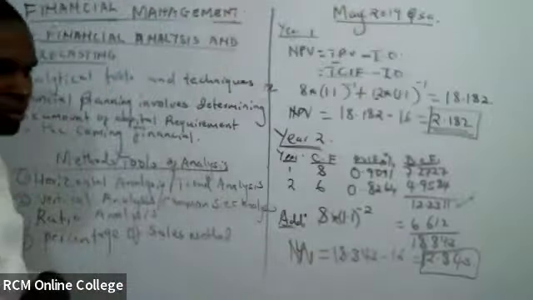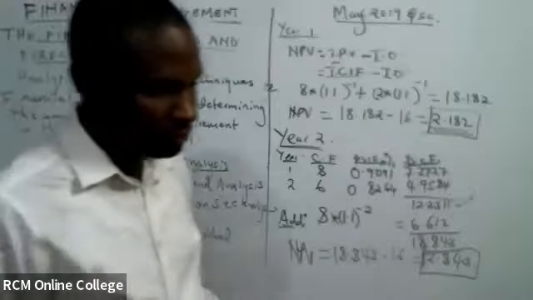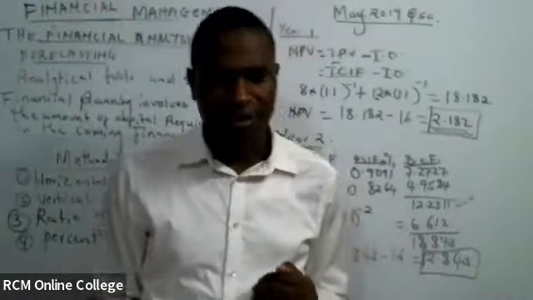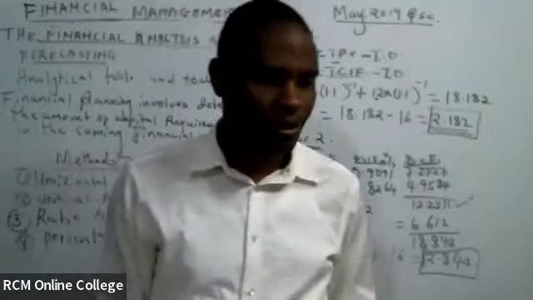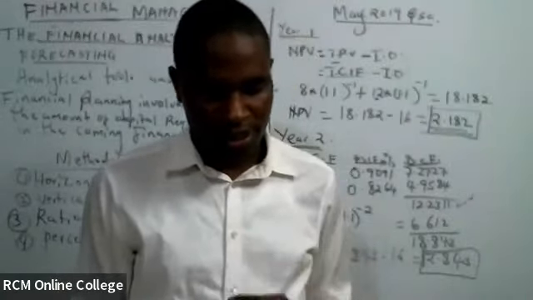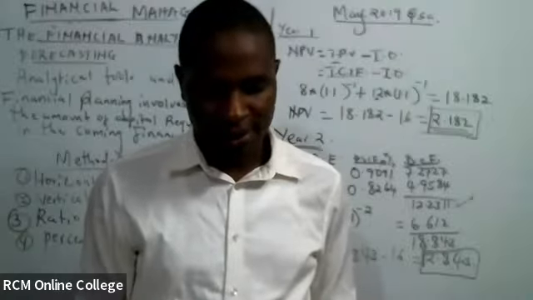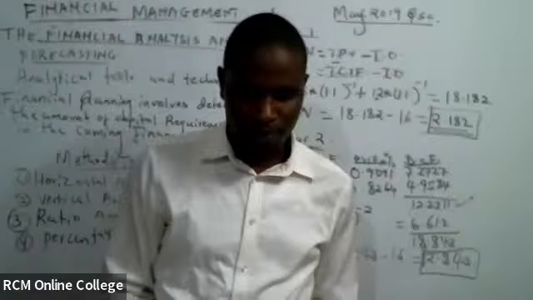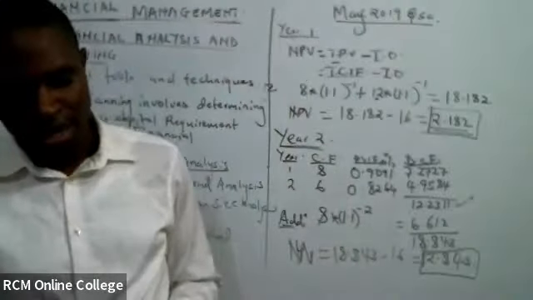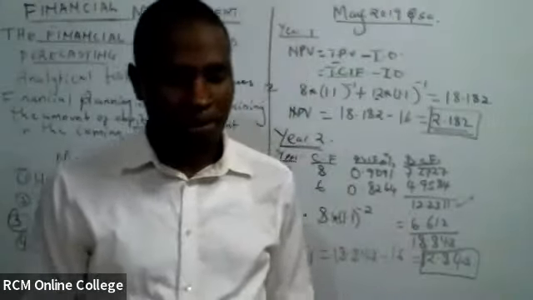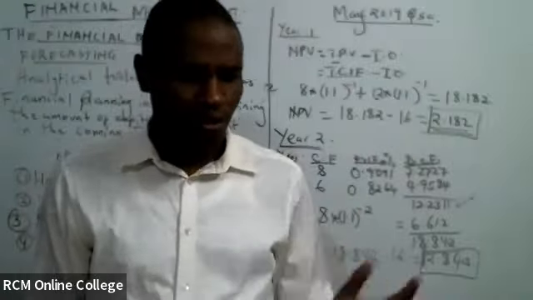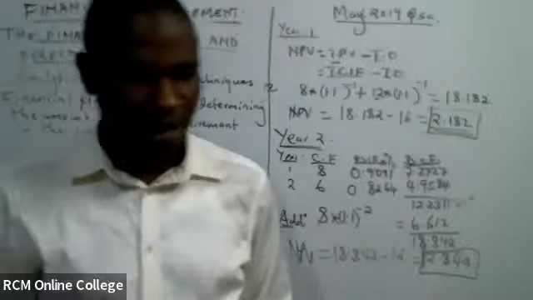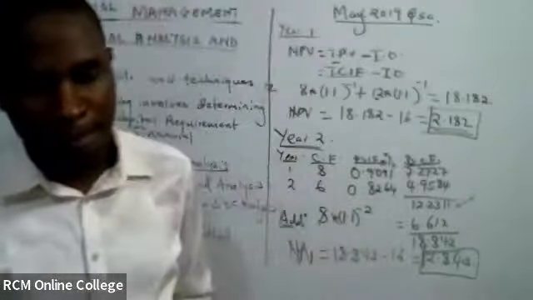I'll repeat that statement because it is very important. Common size analysis evaluates financial statement by expressing each line item as a percentage of base amount, in bracket sale or revenue. Close the bracket for that year period.